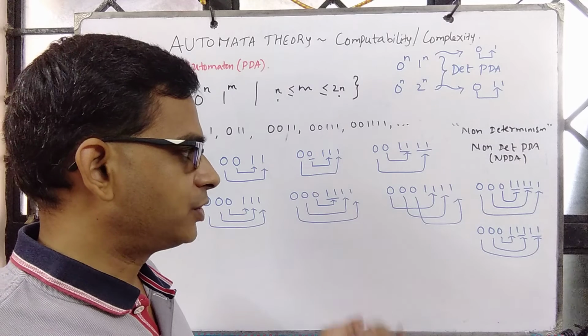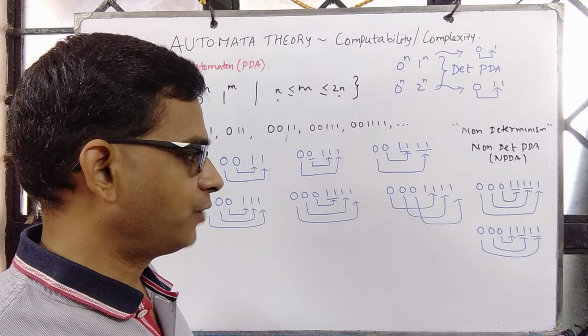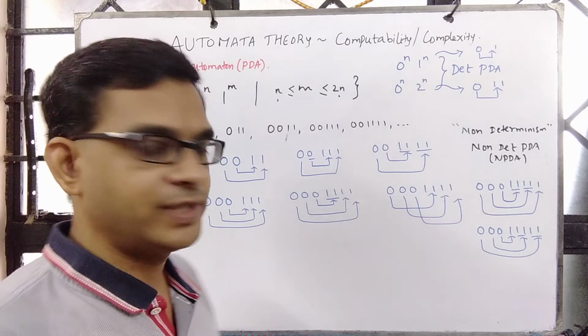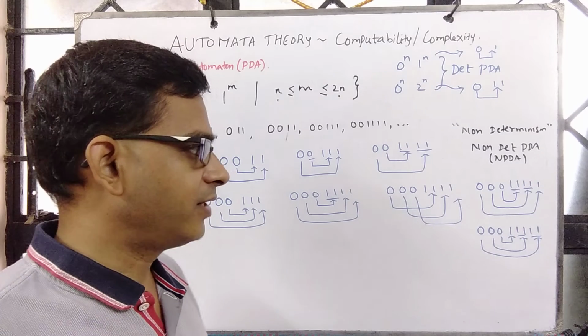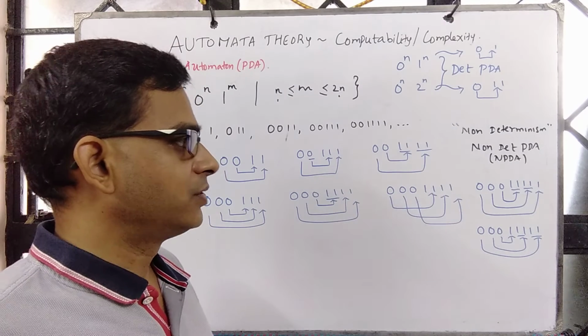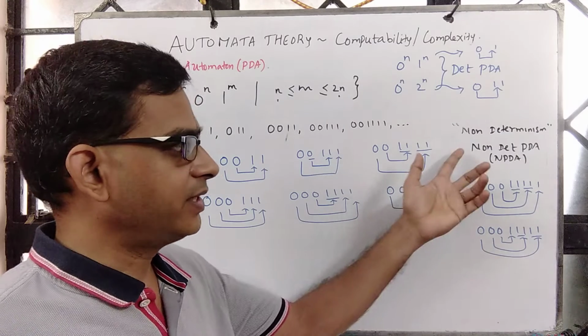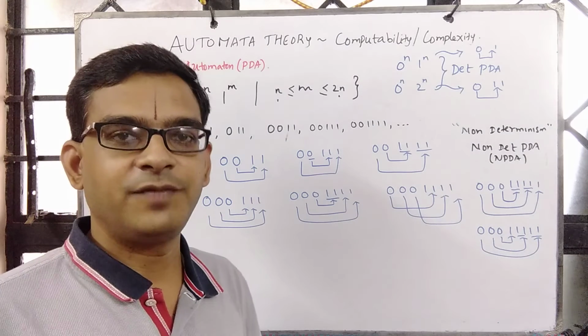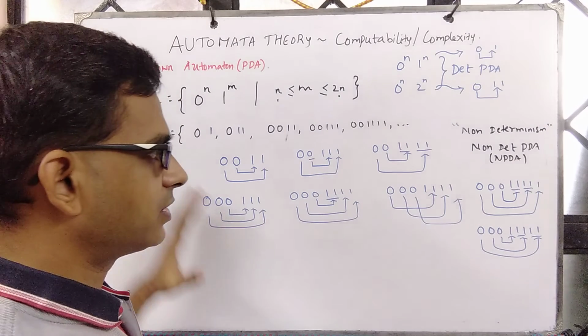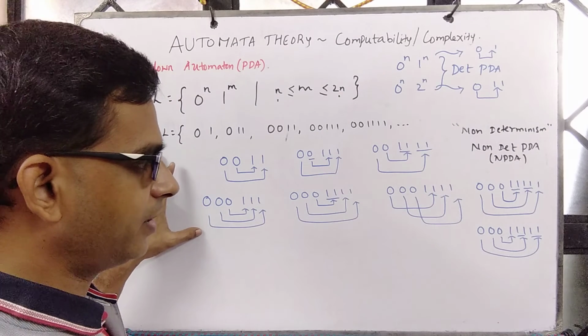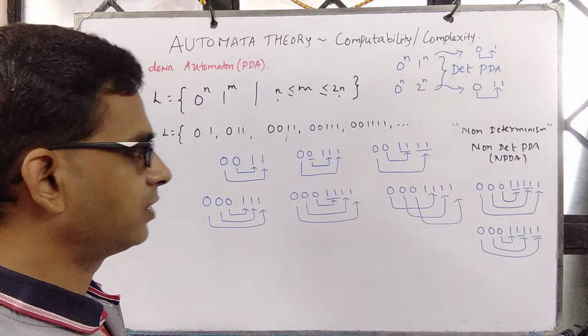So which one should be mapped to a pair of ones or which one should be mapped to just 1 1, that is not clear. That's kind of uncertain. So the uncertainty is precisely non-determinism. Formally, when you say it is non-determinism, that brings non-deterministic PDA into the discussion.